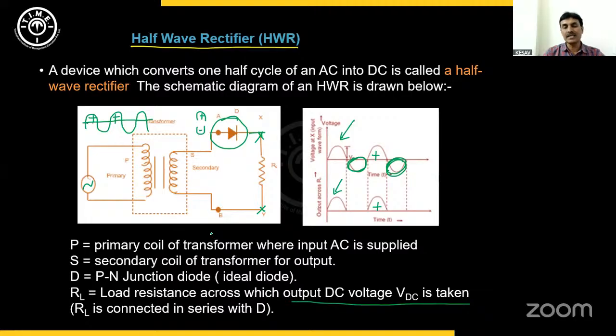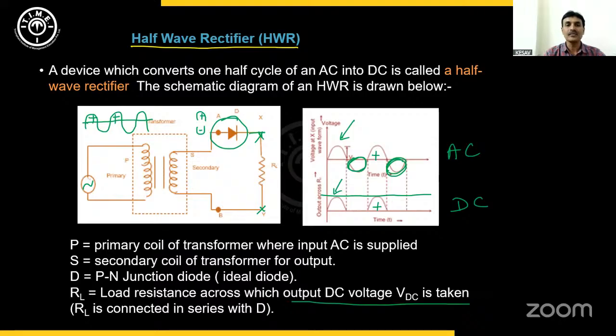Voltage is always measured across the resistor. So across this load resistance, output voltage is measured, and the output voltage looks like this, unidirectional. It's not varying between positive and negative half cycles. That's what is DC, direct current. Whereas input is AC, alternating current, alternating between positive half cycles and negative half cycles.